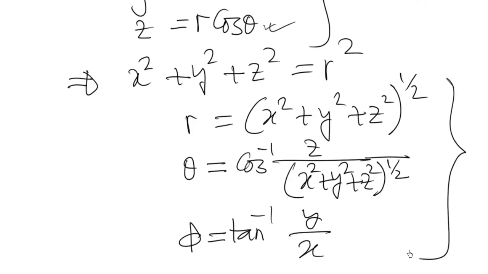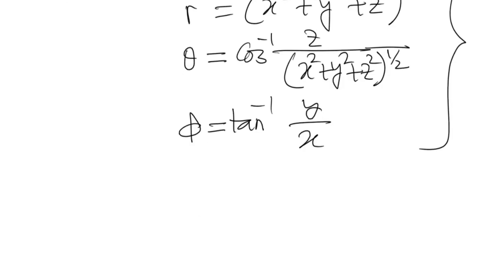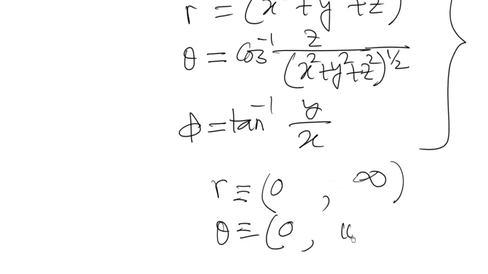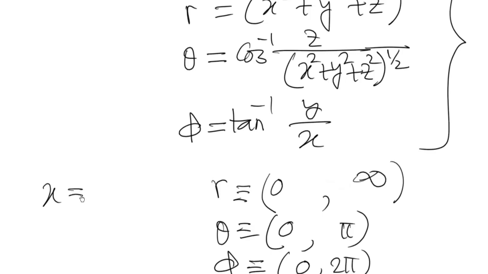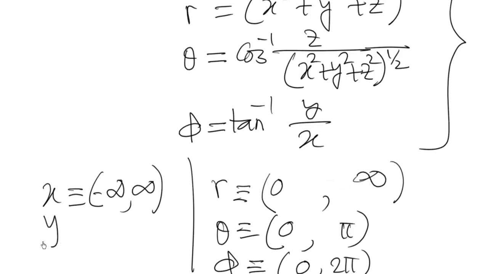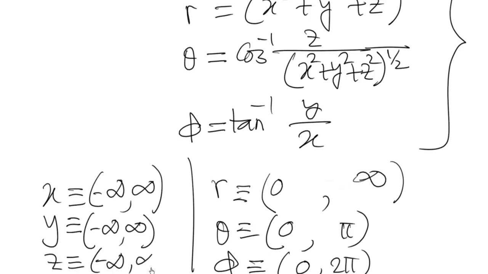So you see from these three equations that if we know the Cartesian coordinates of a point x, y, z, we can immediately calculate the coordinates in the spherical polar coordinate system r, theta, phi, where for the whole space r ranges from 0 to infinity, theta ranges from 0 to pi, and phi ranges from 0 to twice pi, and x ranges from minus infinity to plus infinity, y is also minus infinity to plus infinity, and z is also from minus infinity to plus infinity for the whole space.